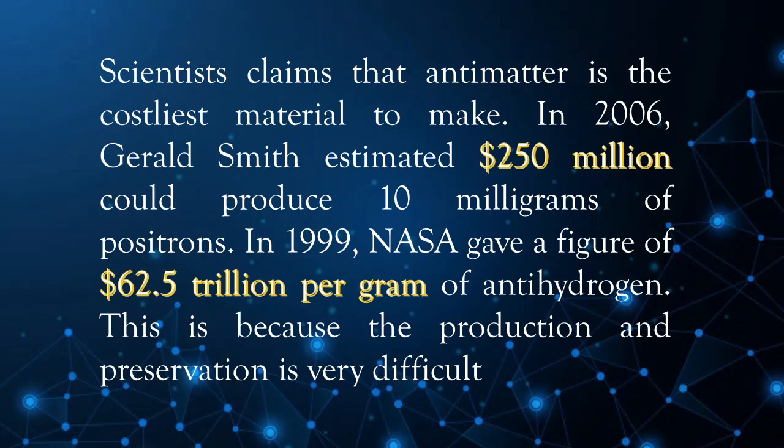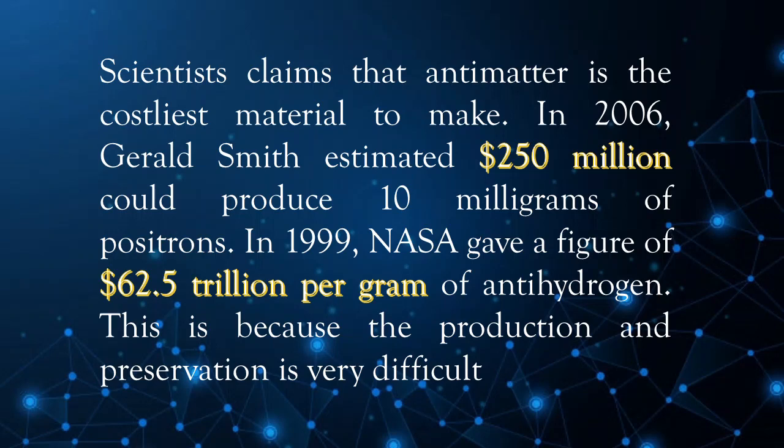In 2006, Gerald Smith estimated that $250 million could produce 10 milligrams of positrons. In 1999, NASA gave a figure of 62.5 trillion dollars per gram of antihydrogen, which is equal to 83% of global GDP to produce just 1 gram.